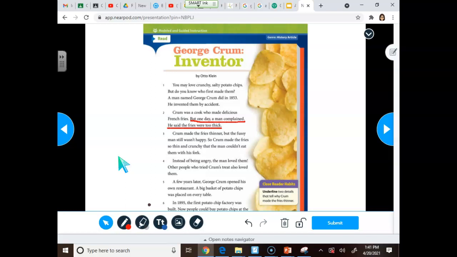All right, how did George Crumb's job help him invent the potato chip? He was a cook at a restaurant. That's right. And he was trying to please the customers. How did he invent potato chips?